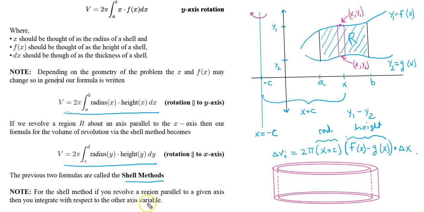So for example, if you rotate around a line parallel to the y-axis, you integrate with respect to x. And that's in contrast to the washer or disk method, where if you rotate around the x-axis, you integrate with respect to x, or if you rotate around the y-axis, you integrate with respect to y. Now let's take a look at some examples.